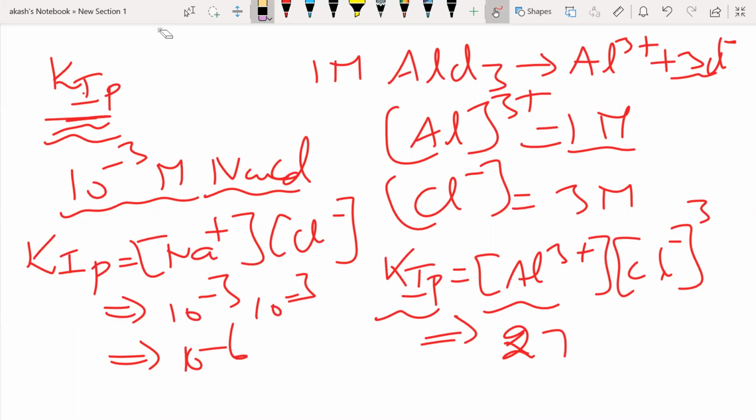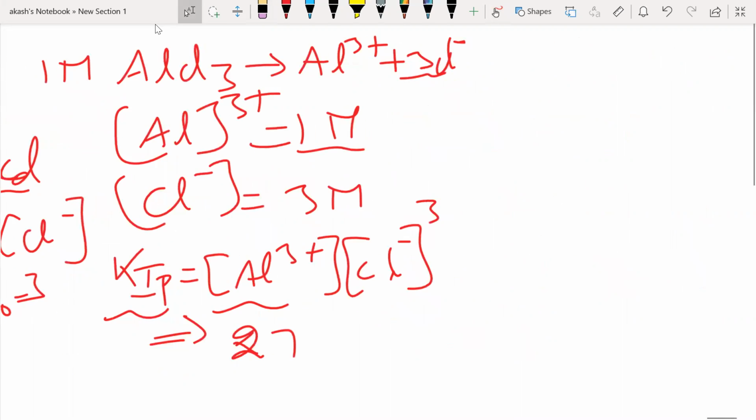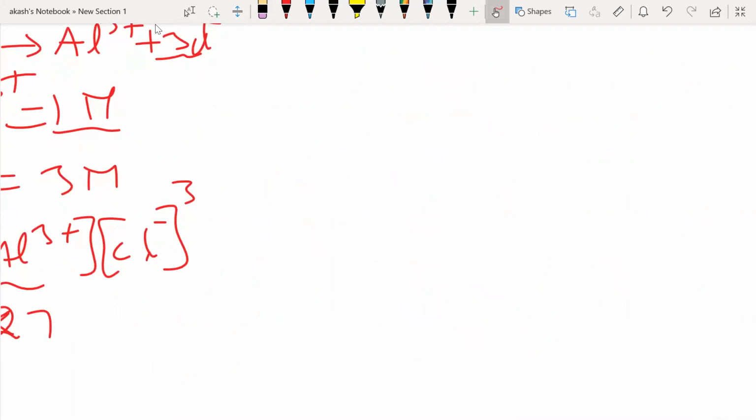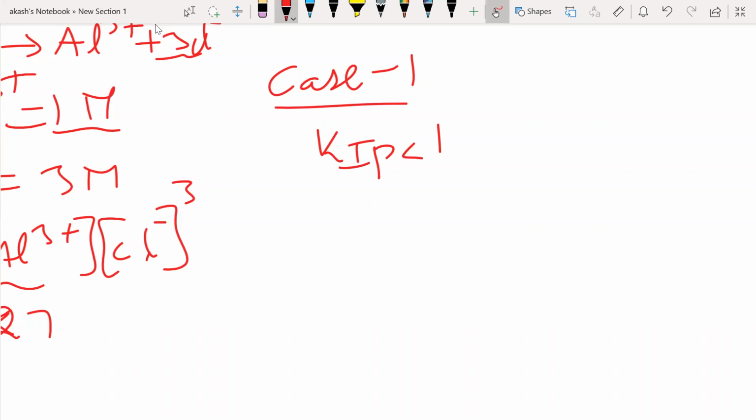Now if you compare these two values, the ionic product and the solubility product, as I told you, you'll be able to predict whether the solution has reached saturation or not. It's pretty simple. Let me take some cases. Case 1: if you find that the ionic product is lesser than the solubility product, what does that mean?